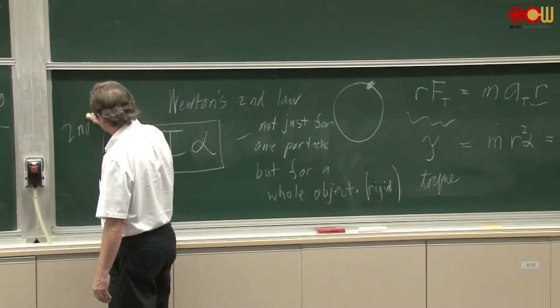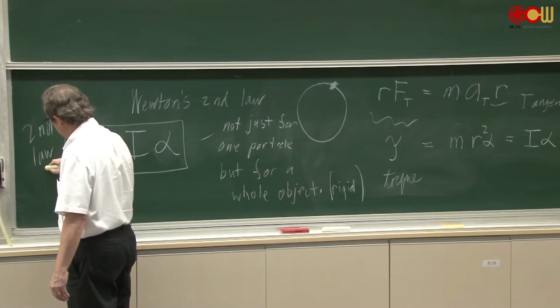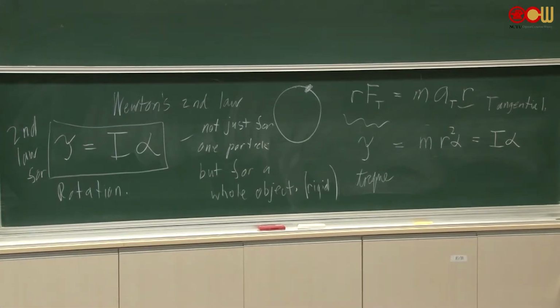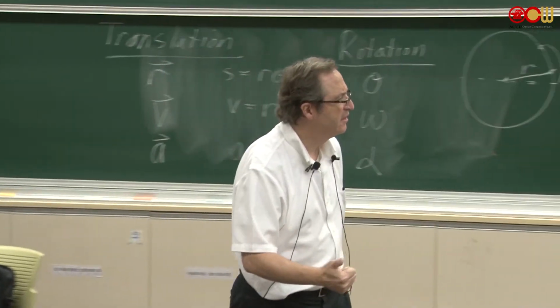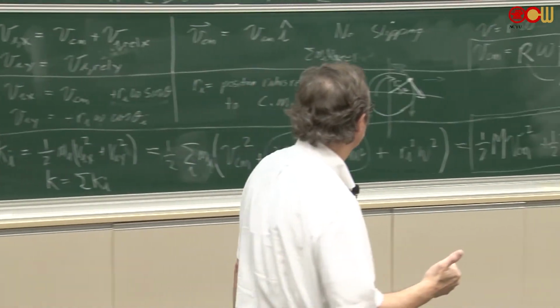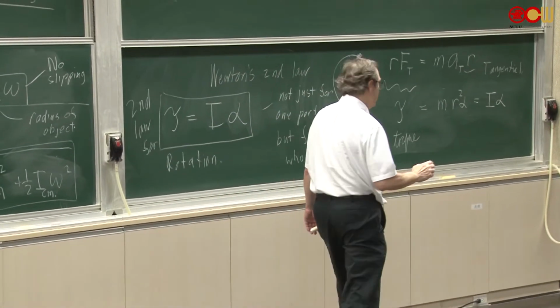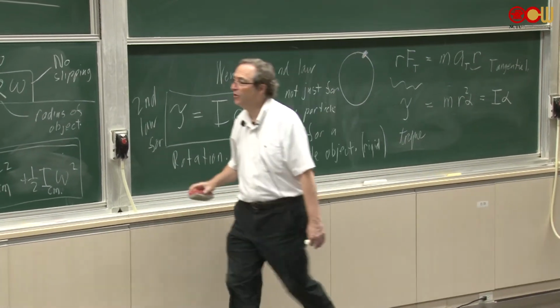All right, so this is Newton's second law for rotation. All right, so I want to list a few important results that you have to keep in mind when you're dealing with rotation.